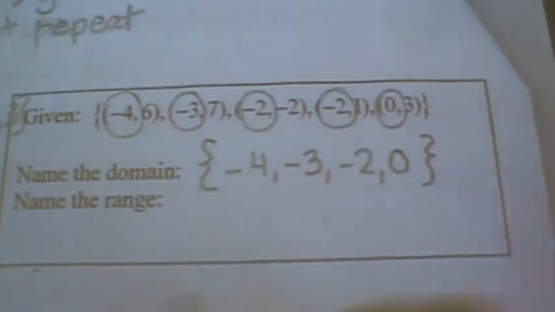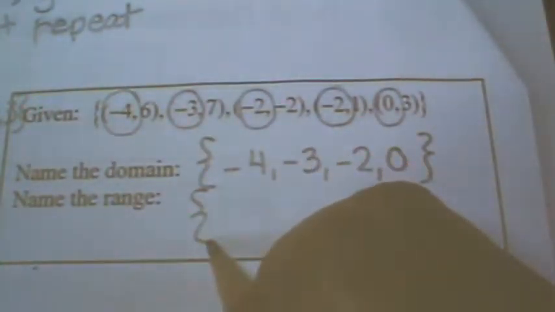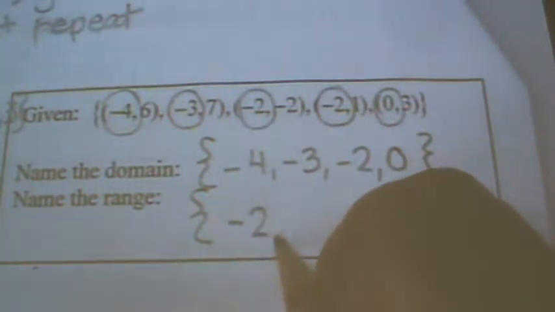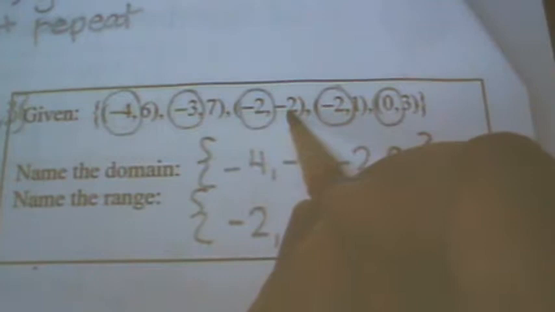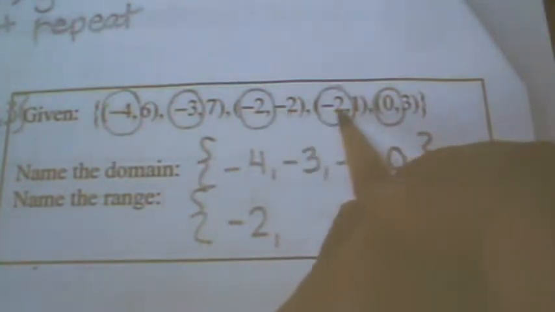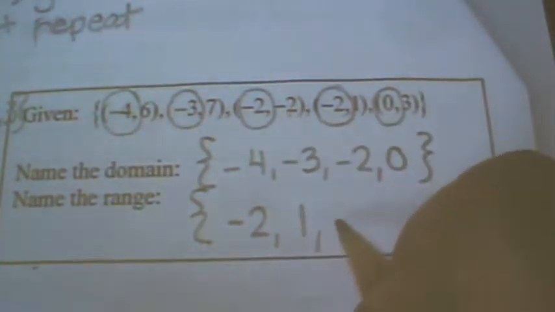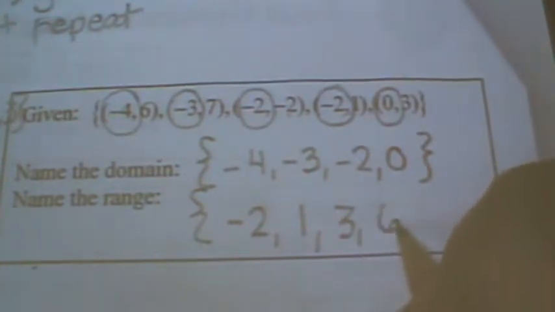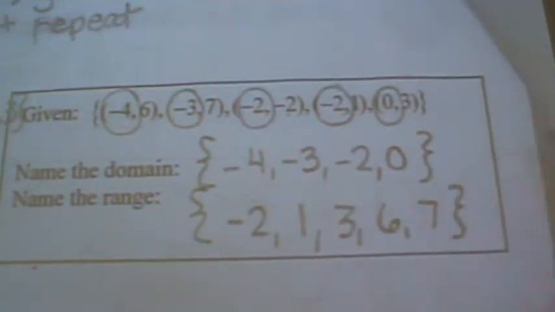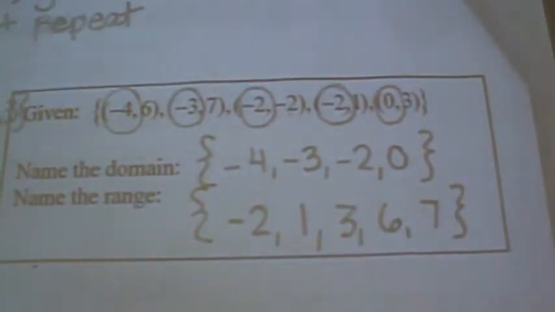Did I do it right? How about the range? -2 looks like it's the smallest. Then what? 1. Then what? 3, 6. Set. Okay? Next one.